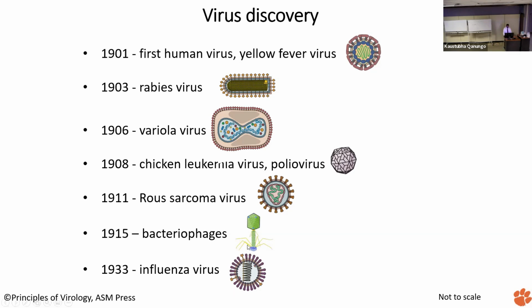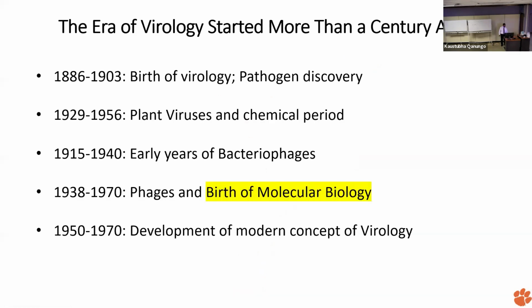So that's pretty self-explanatory, some of the milestones of the virus. And these are also some of the eras of virology, which started more than a century ago. You can see gradually the birth of virology, pathogen discovery, then the plant and chemical period, and the early years of bacteriophages, which infect bacteria.